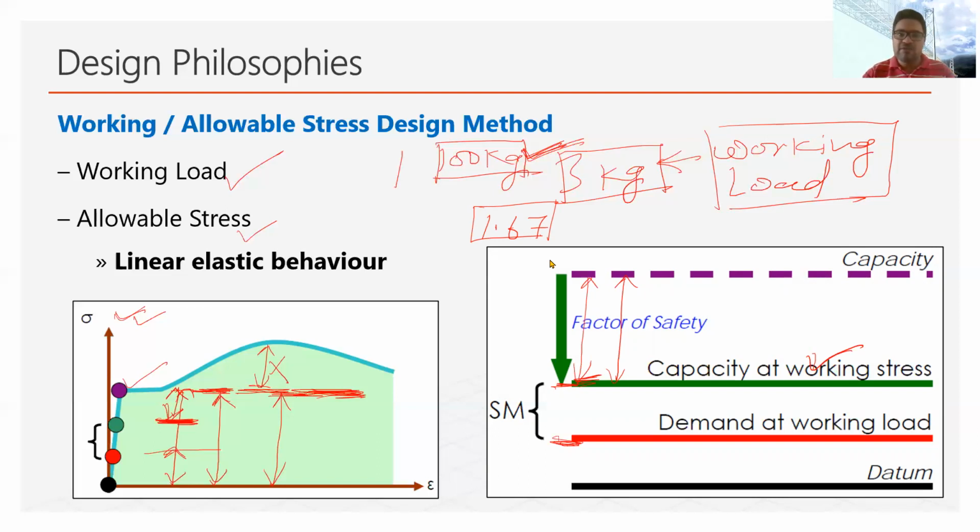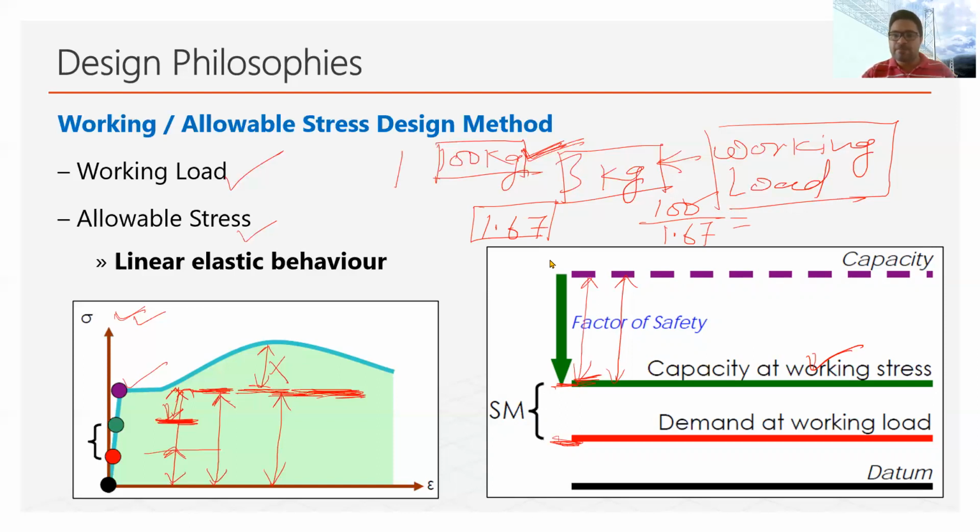Now if I say that the strength of steel is 100, and I have to find out the working stress of steel, so 100 is the yield strength, and if I apply the factor of safety, say 1.67, then we will be able to calculate the working stress.